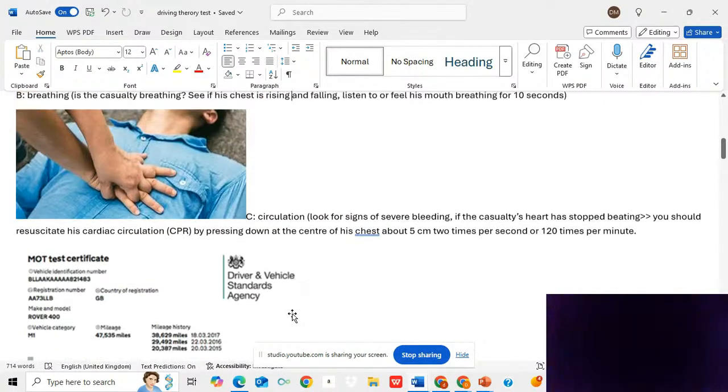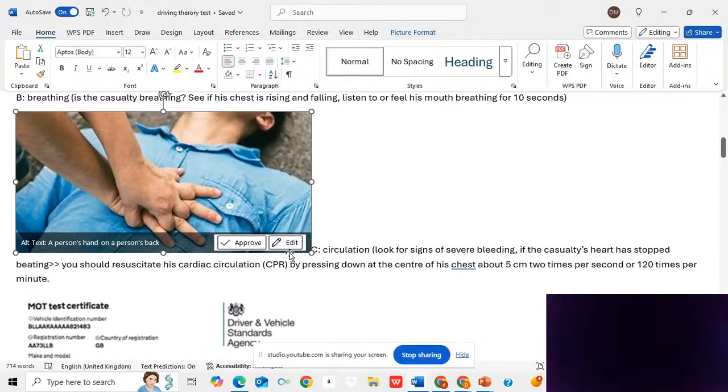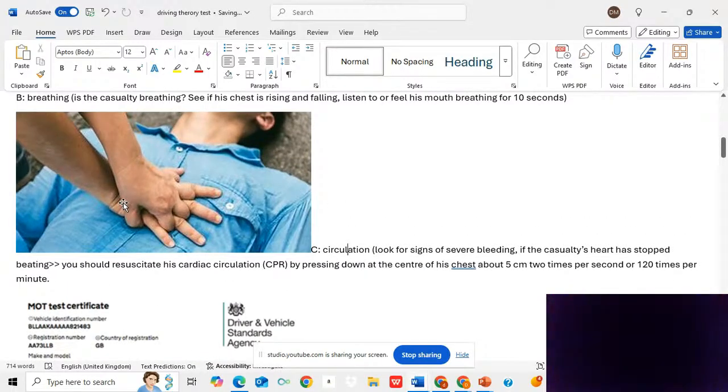Next thing you need to check is the circulation. You need to check if the casualty's circulation is good or not, because his heart might stop and stop pumping blood to his blood vessels.